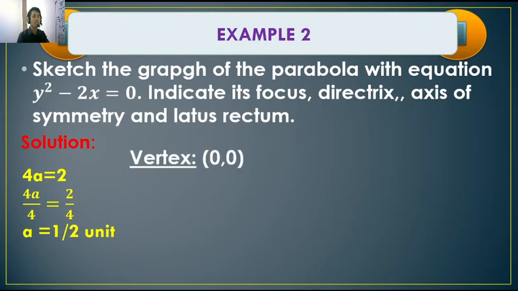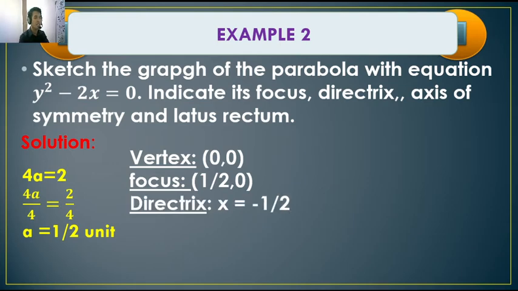Our vertex is (0, 0), so at the origin. And for the focus, we know that a is 1/2 unit away from the vertex. So we have (1/2, 0) as our focus.